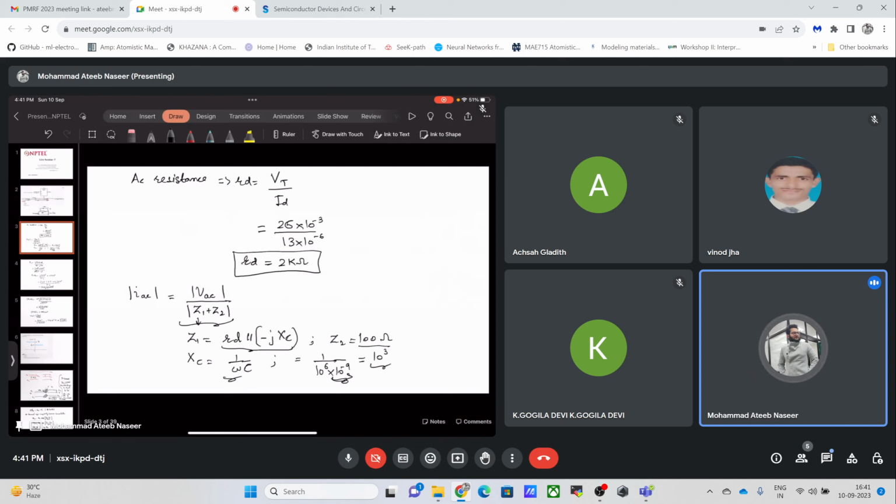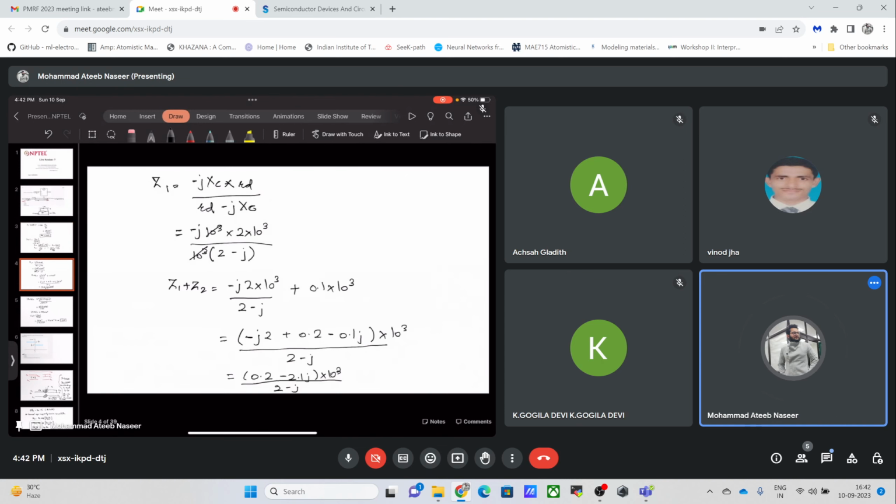As a result, we try to find the parallel combination impedance, and we get this value to be equal to minus j times 2 into 10 to the power of 3 divided by 2 minus j. Now since we are interested in the magnitude of the impedances, we just take the series combination of these two impedances Z1 and Z2 and simply take its magnitude.